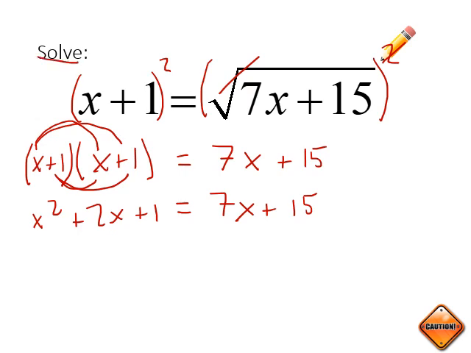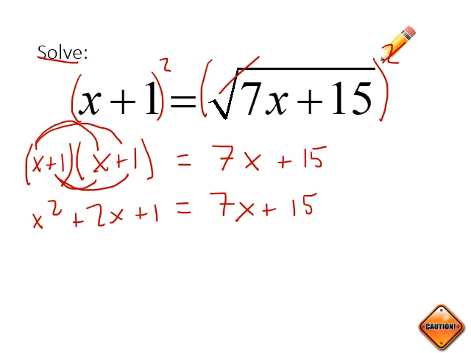I'm solving for x. The degree of this equation is 2. This is a quadratic. In order to solve a quadratic, I will have to factor it. But in order to factor it, I have to get it equal to 0. So I need to get all terms onto one side of the equal sign and solve.